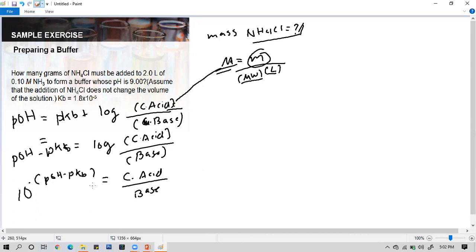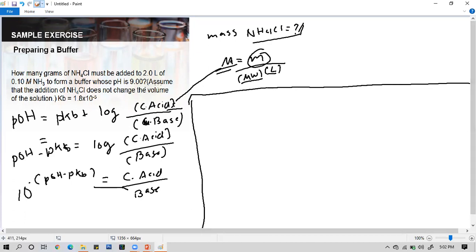Now, using criss-cross multiplication, we will have a formula for the acid here. Therefore, the concentration of conjugate acid will be the product of the concentration of base times 10 raised to pOH minus pKb.